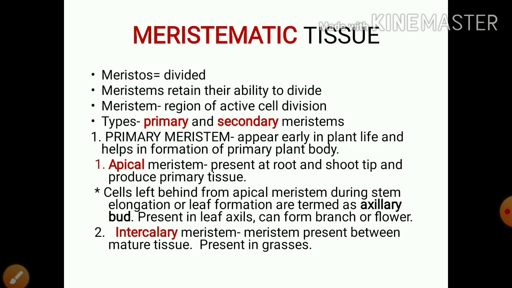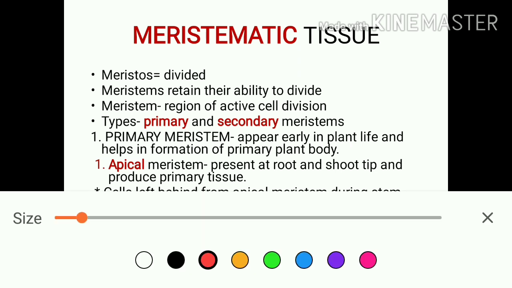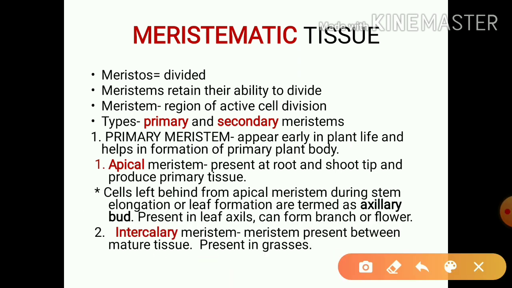Now this term meristos is basically a Greek term which means divided. And meristems are those tissues which retain their ability to divide as long as they are present in the plant body.